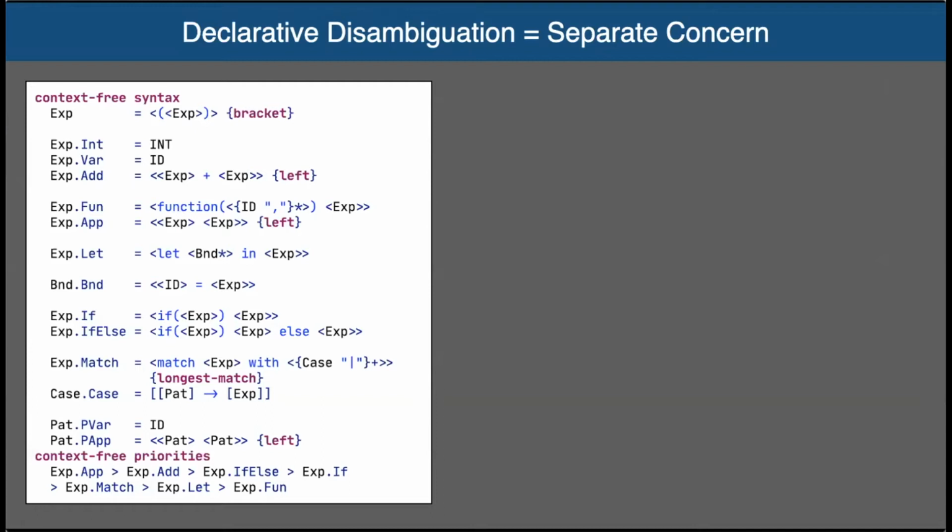So given all possible trees that you get from the ambiguous parts of a sentence, you use these priority rules and associativity rules to select the tree that you are interested in.